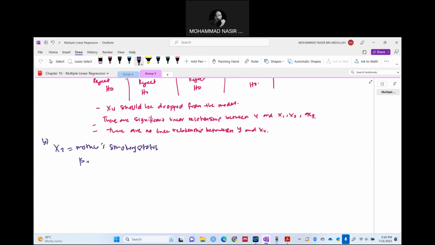So beta 3 is equal to negative 0.347. What does it mean? It means that when mother smoking status equal to 1, which is smoking, so we know that 1 is smoking and 0 is non-smoking. Right?